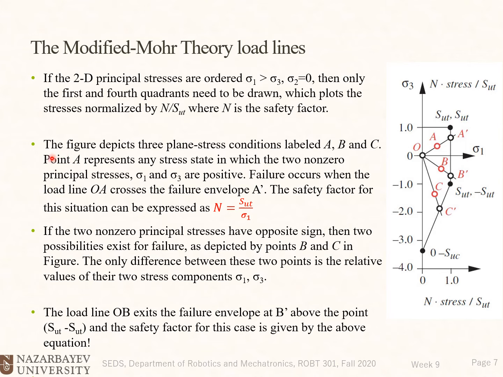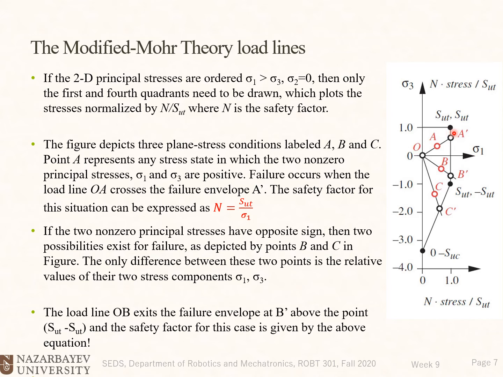The figure depicts 3 plane stress conditions labeled A, B, and C. Point A represents any stress state in which the two non-zero principal stresses, sigma 1 and sigma 3, are positive. So A is when both of them are positive. Failure occurs when the load line OA crosses the failure envelope at A prime.